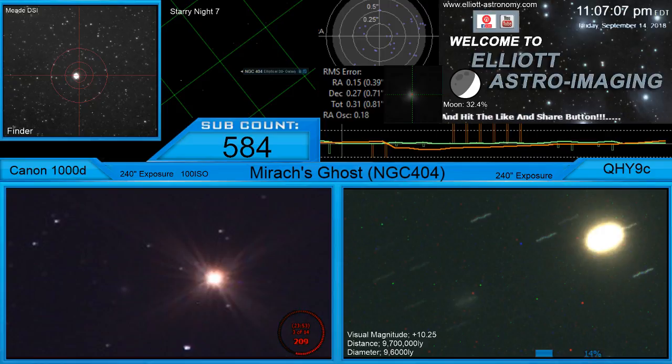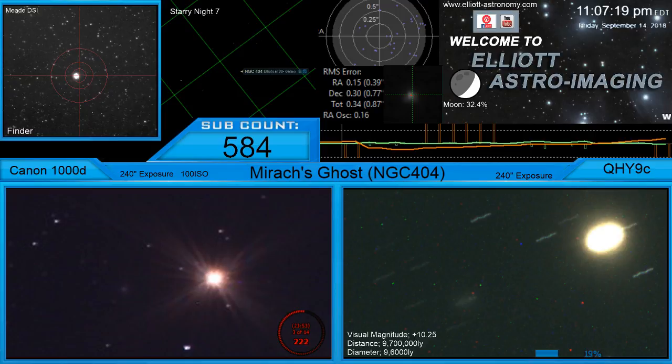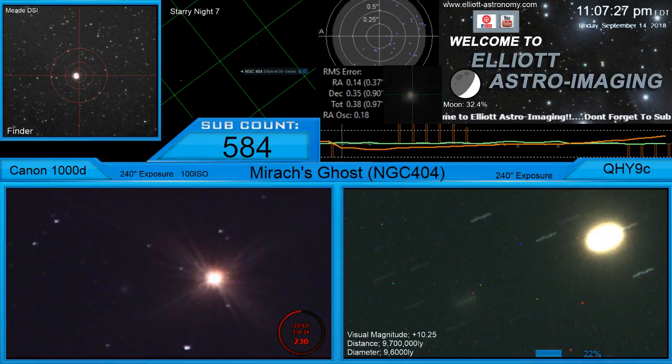If you notice, the graph wasn't moving. The graph was sitting still for 2 minutes or 4 minutes, yeah. So that's how much a star moves without me guiding. So you can get an idea.